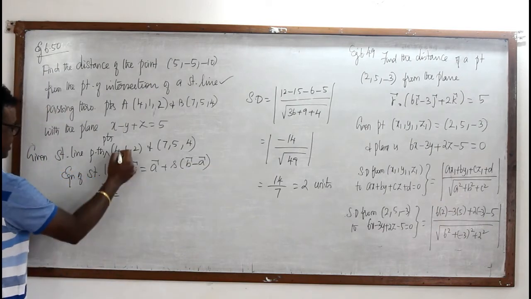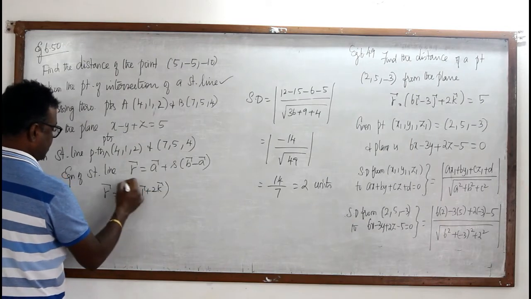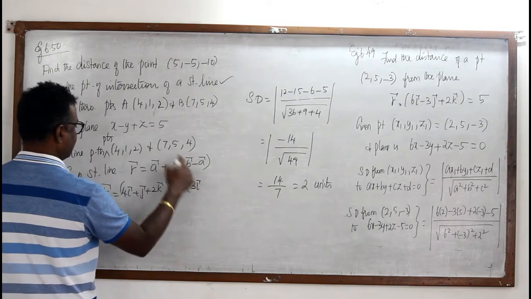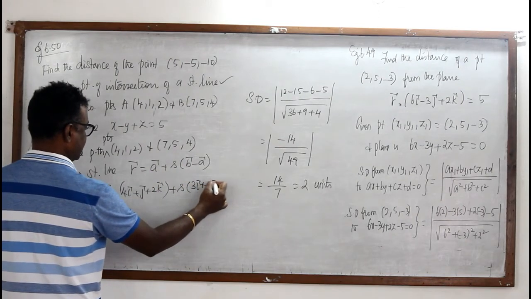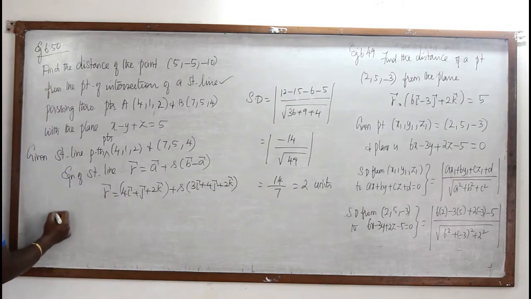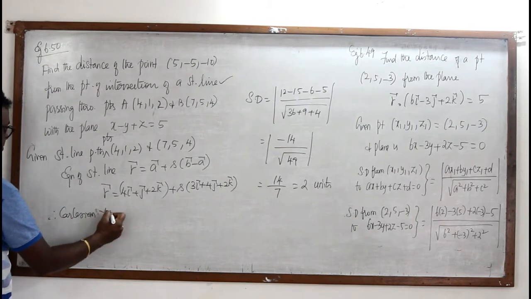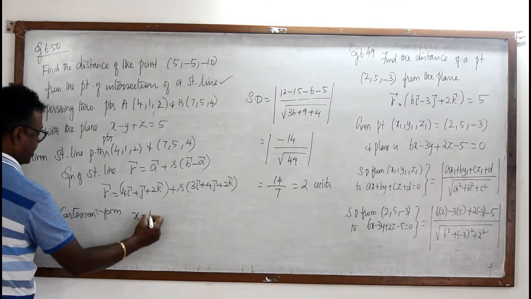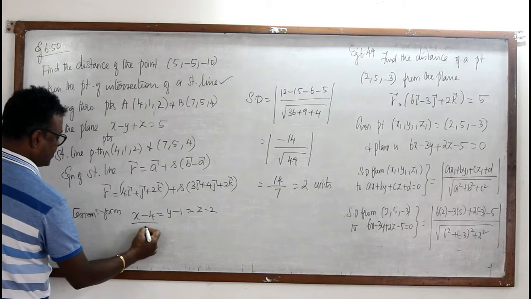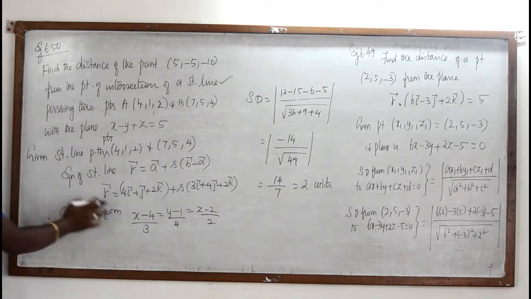That is r vector equal to 4i plus j plus 2k plus s into b minus a, which is 7 minus 4, 3i, 5 minus 1, 4j, 4 minus 2, 2k. Shall we write the Cartesian form? Therefore, the Cartesian form is x minus 4 by 3, y minus 1 by 4, z minus 2 by 2. Now, this is the line.